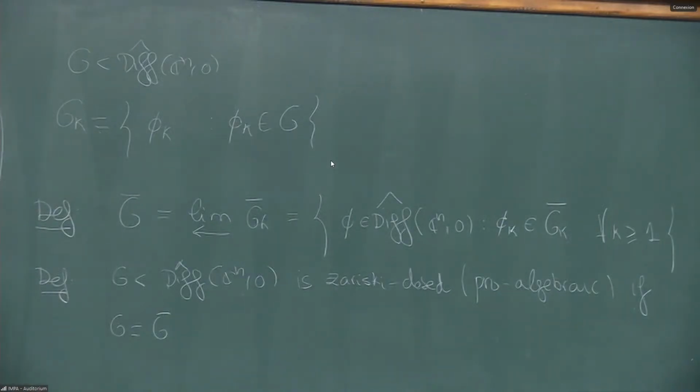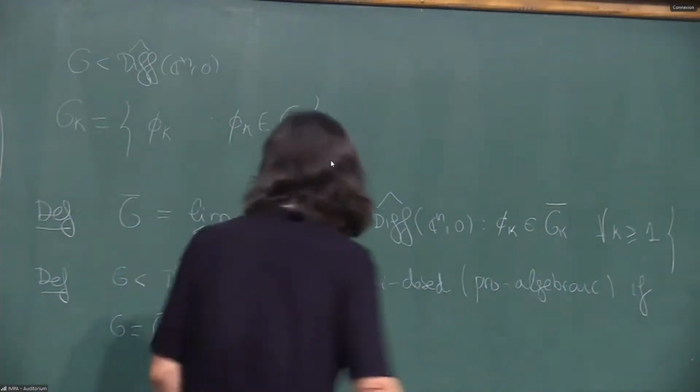So something that you could actually ask at this point is whether we have an example of a Zariski closed group, because the definition is so far quite abstract.